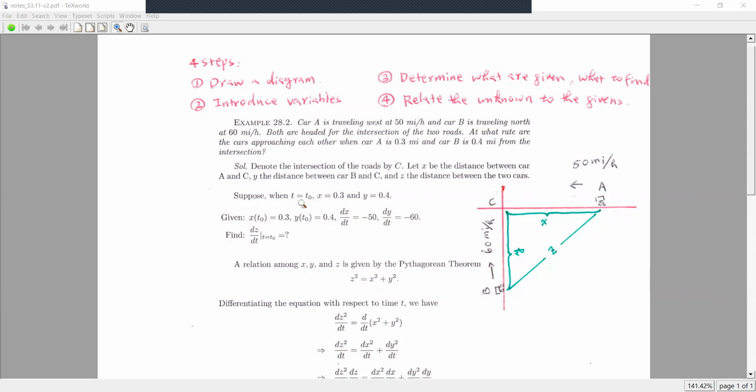So when time is t0, x is 0.3 miles and y is 0.4 miles.